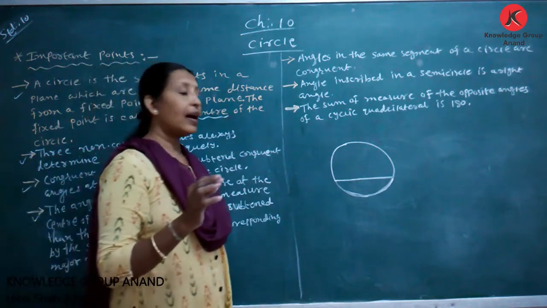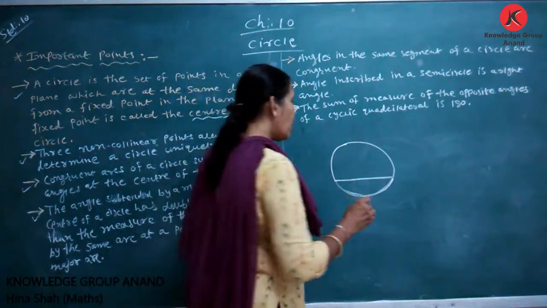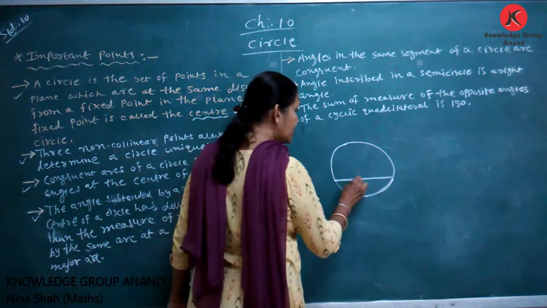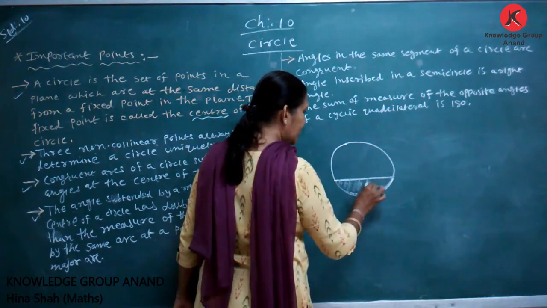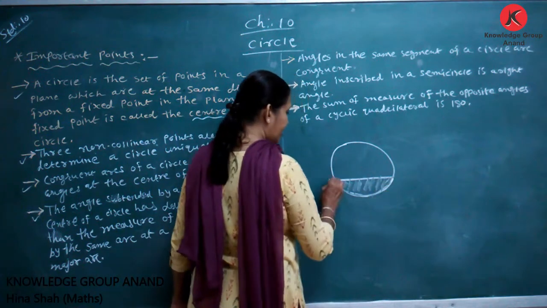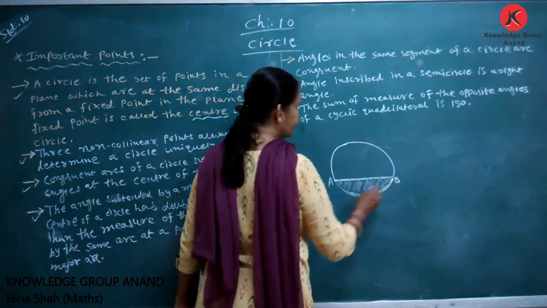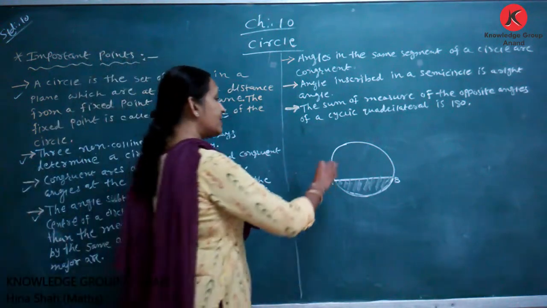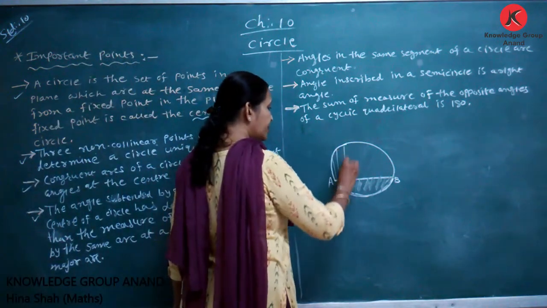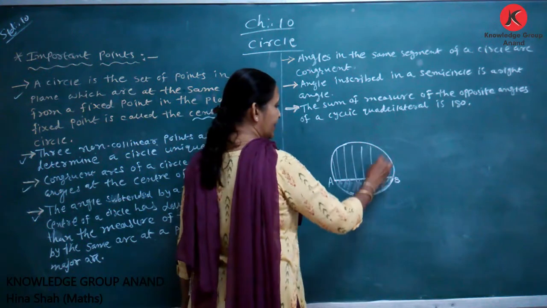An arc and its corresponding chord together make a segment. This one is called the minor segment and this one is called the major segment.